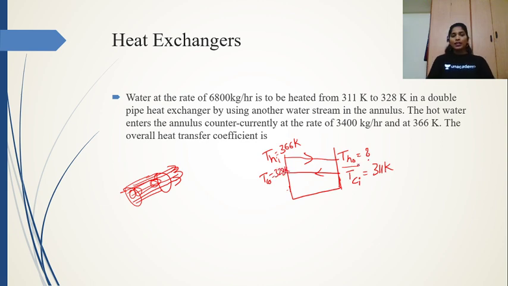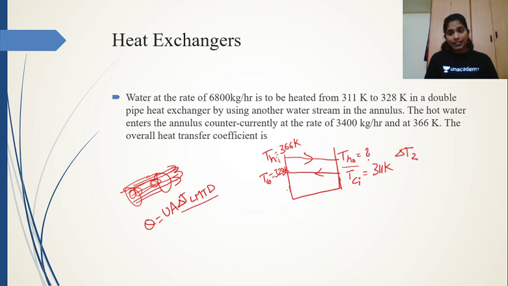So first of all, for calculating the overall heat transfer coefficient, we have the formula Q is equal to UA delta T LMTD, right? So this delta T LMTD can be solved only if we have all the temperatures, and first of all we have to check whether there is a delta T2 or not.